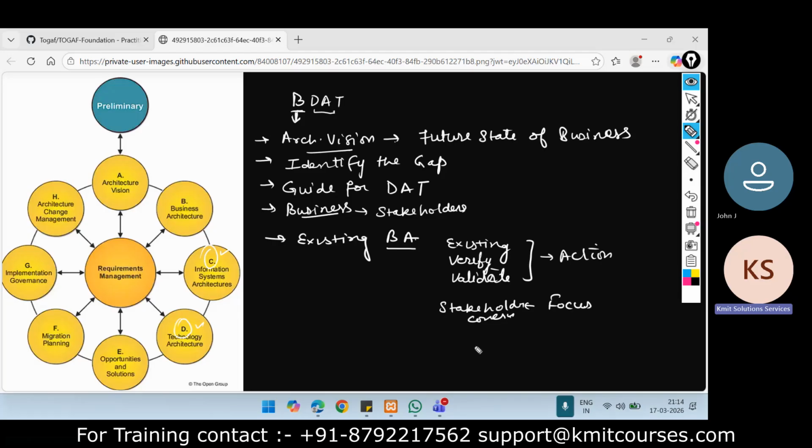And the main output, once you do this, is a refined and aligned business model, right? Which is for the architecture development point of view.